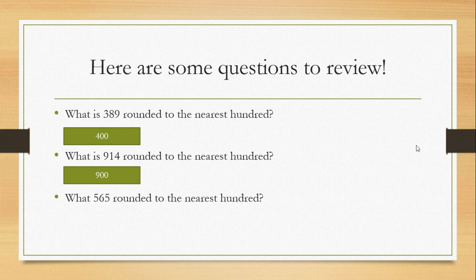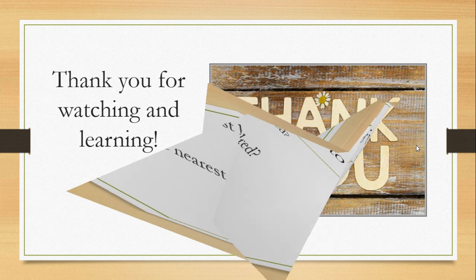What is 565 rounded to the nearest 100? 565 rounded to the nearest 100 is 600.